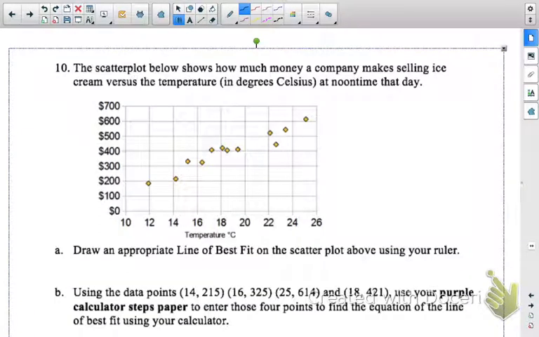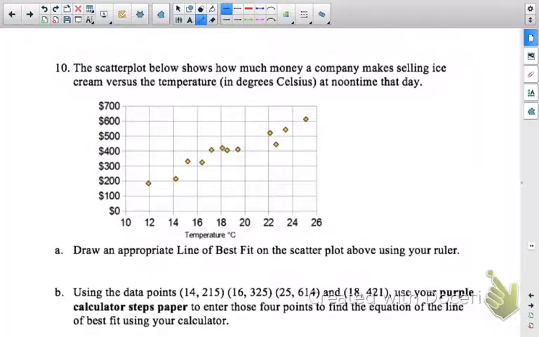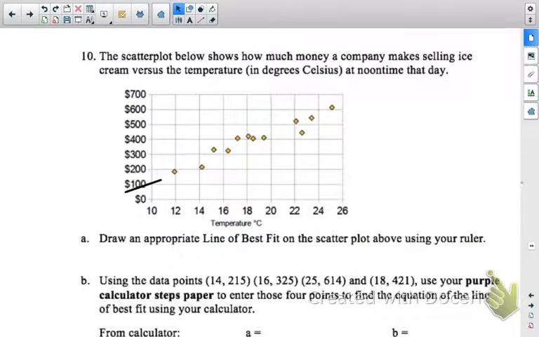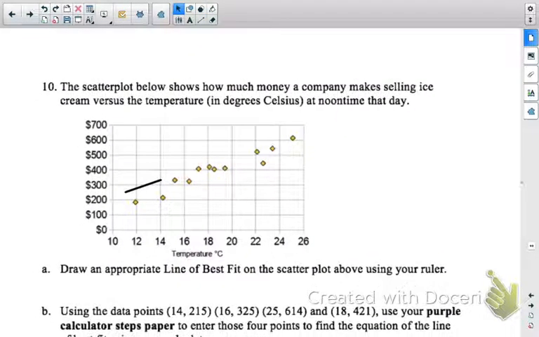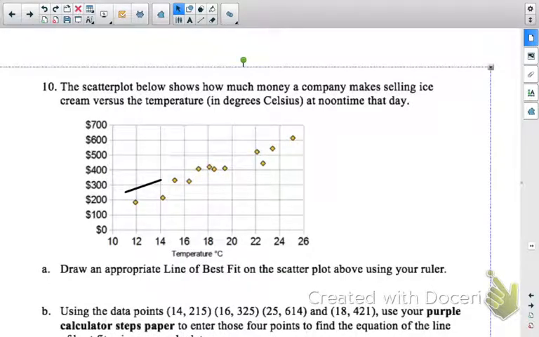Finally, in number 10, you're being asked to find the equation of the line of best fit. But first, we're actually asked to draw a line of best fit. So when I do this, I want it to have an equal... I'm struggling with my tools again. Let me just undo that.